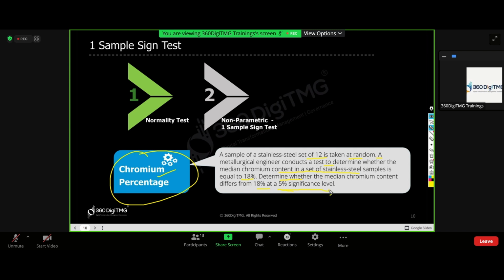5% significance level means you have 95% confidence interval. Okay, so do not get confused. 5% is the chance of going wrong, means you are 95% confident that you are going to create 95% of the confidence interval.